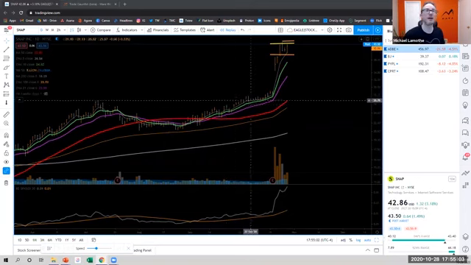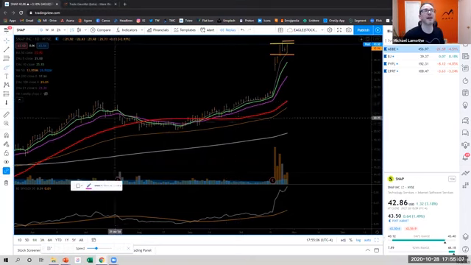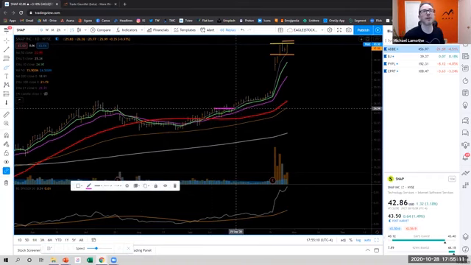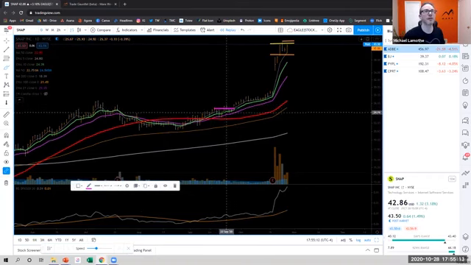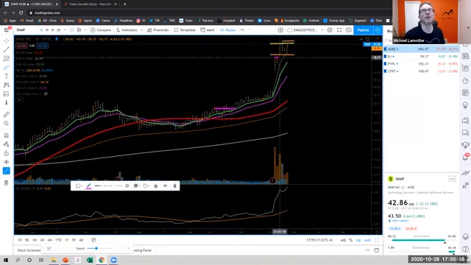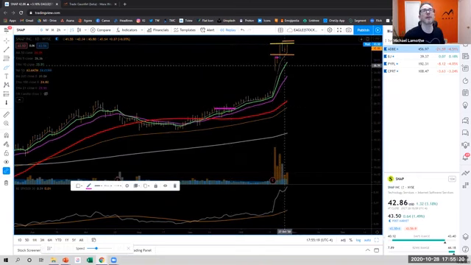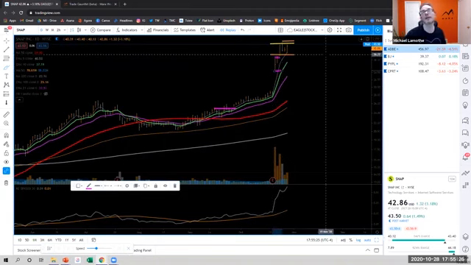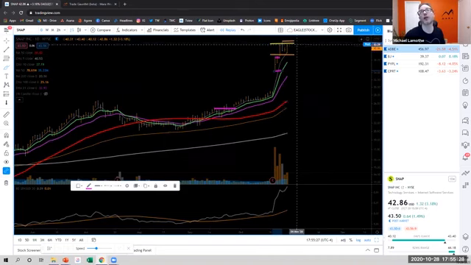If I were in Snapchat right now, and let's say I got in somewhere in this neighborhood when it was starting to break out down here, then I would probably use that breakaway gap to add to the position, and look for other spots.